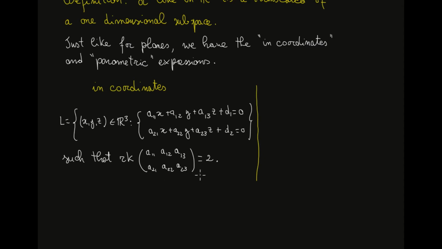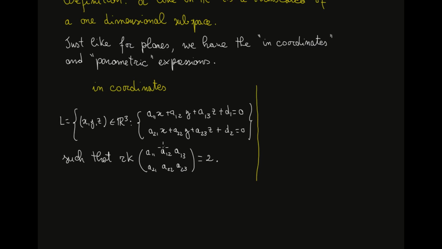Why is this? Because, as we noticed in the previous lecture in 12.3, the coefficients of the variables in the expression of a plane in coordinates are the normal vector to the plane. And imposing that the rank of the matrix formed with the rows being equal to the normal vectors is 2 implies that the normal vectors are linearly independent, so one is not a multiple of the other.